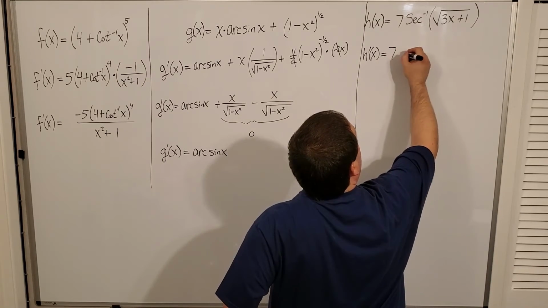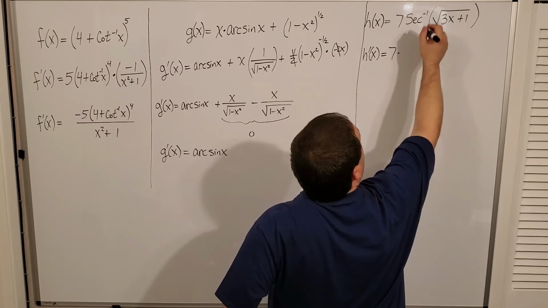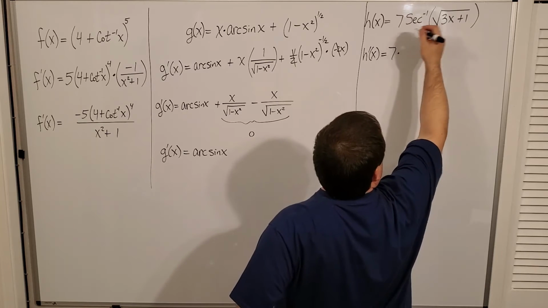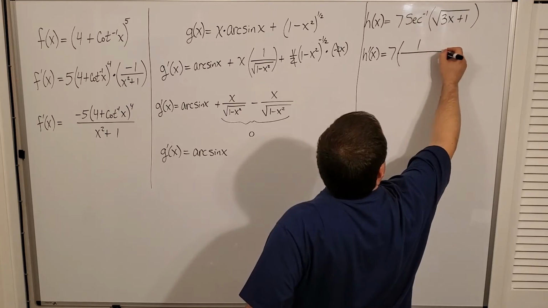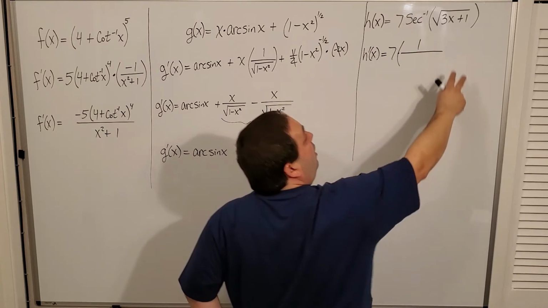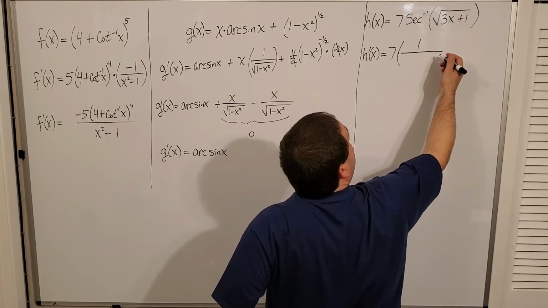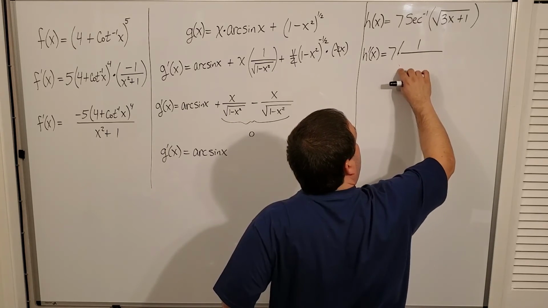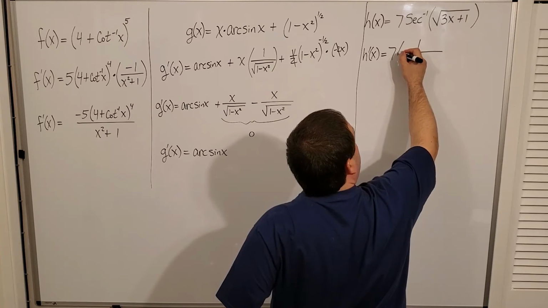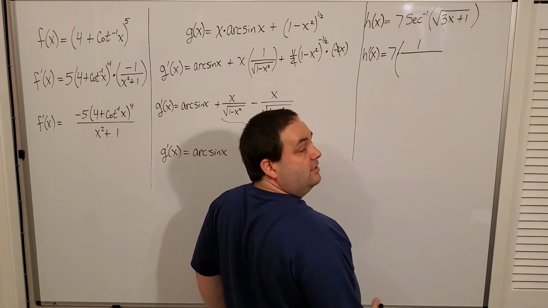I'm going to have 7 times the derivative of the secant, or I'm sorry, the inverse secant is 1 over the absolute value of the inside piece. Okay, well, the absolute value of the square root is going to be itself in this case, because that square root's going to always put out positive values.